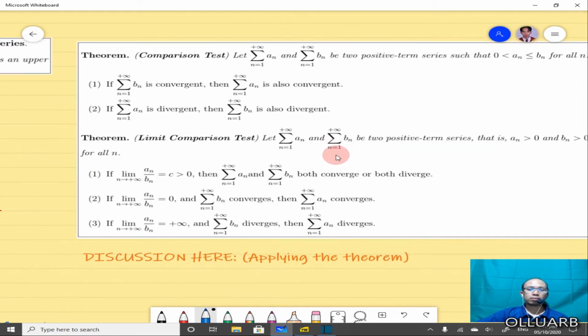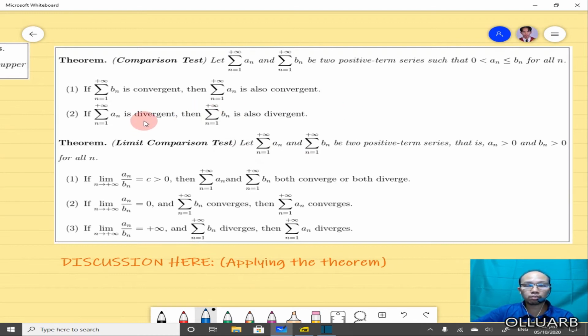Please do remember that the theorem we discussed before is a particular case of this named test. It has a name: this first theorem is what we call the comparison test, and the second theorem is what we call the limit comparison test. Which is our next discussion.